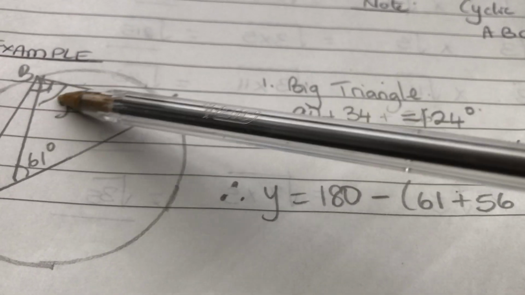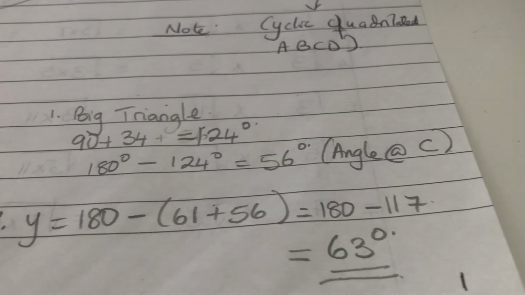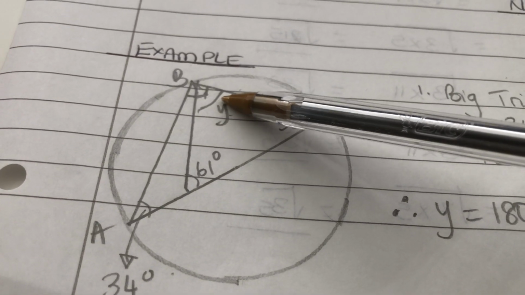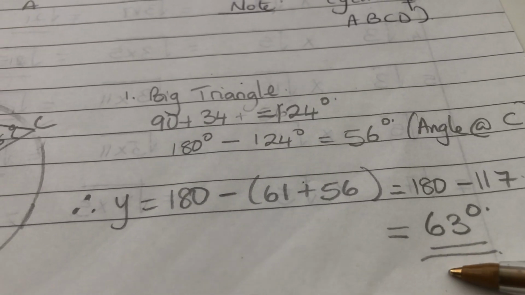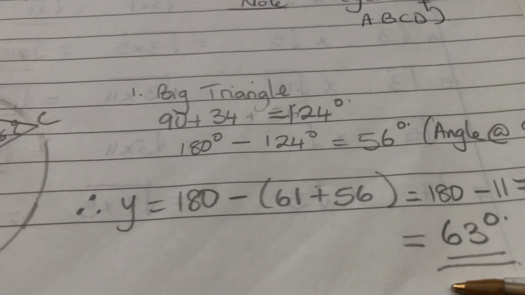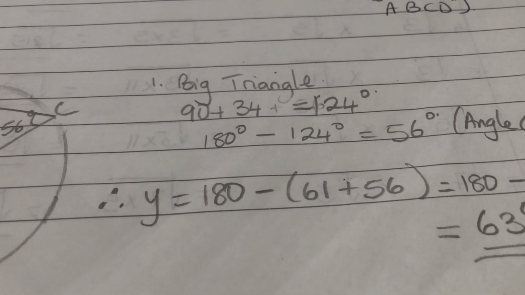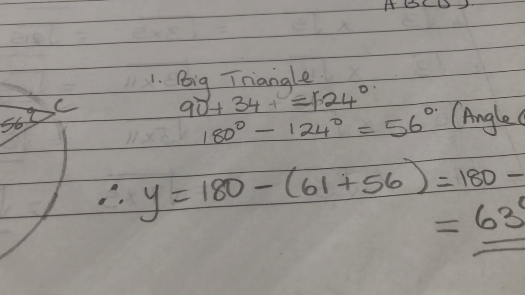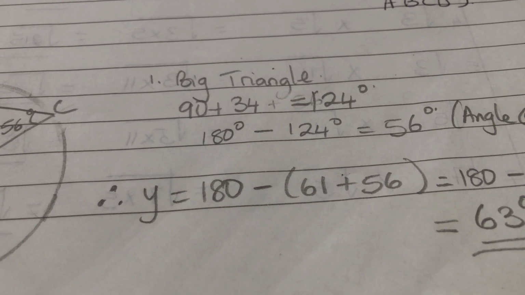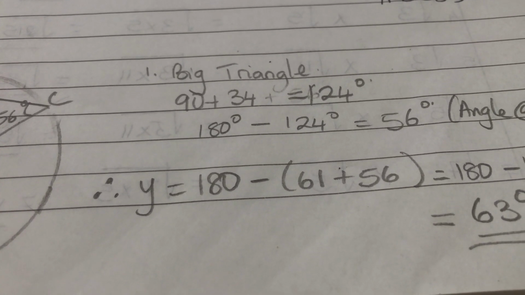And if I take it from 180, then Y will be 63. So this Y here will be 63. So the circle theorem, the more you use it, the easier it becomes for you to understand.